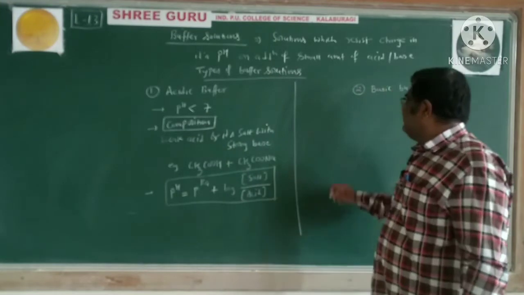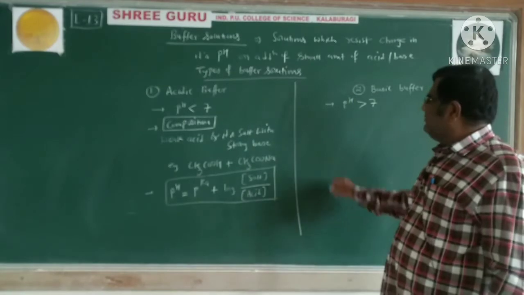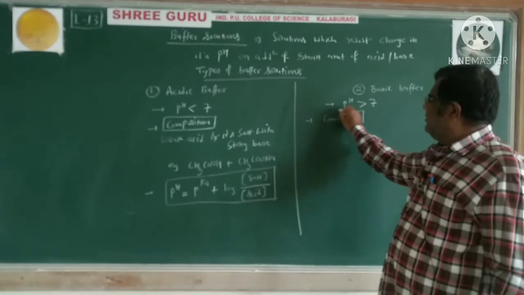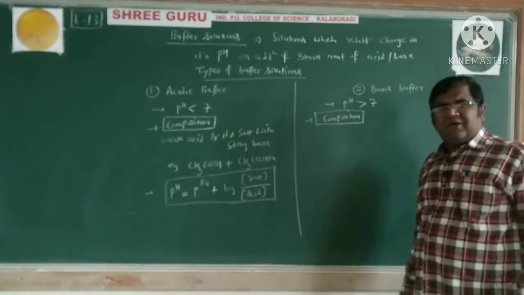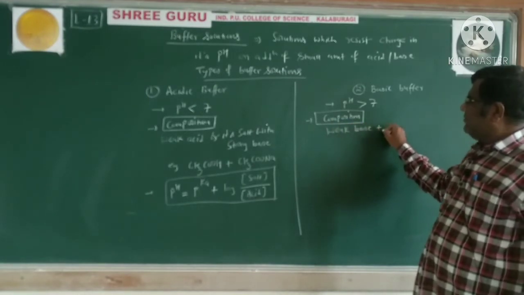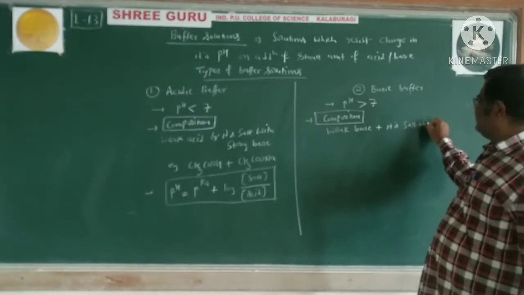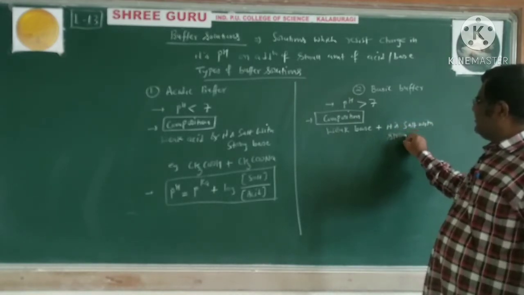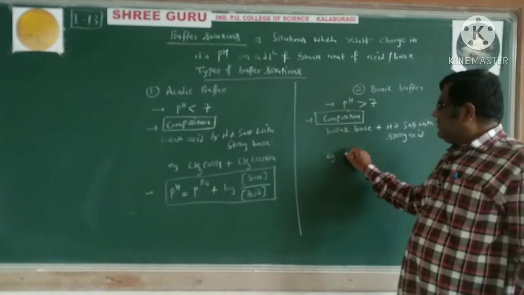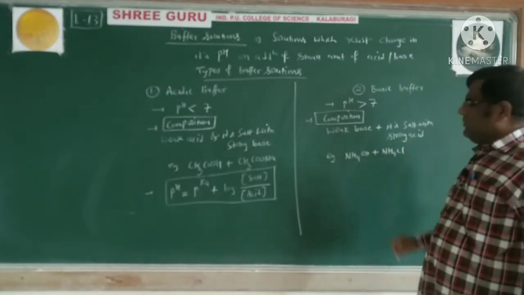Now regarding the basic buffer, pH is greater than 7. And what is its composition? How is it made up? A weak base plus its salt with a strong acid. Example is ammonium hydroxide plus ammonium chloride.